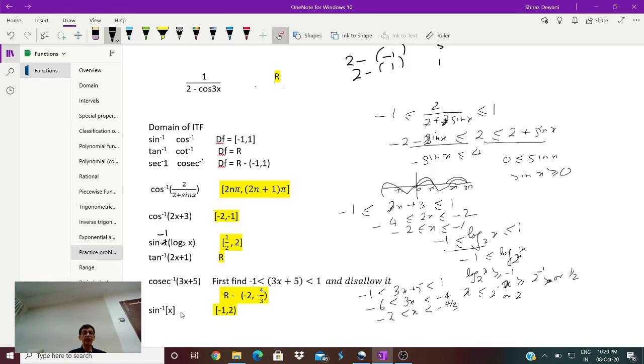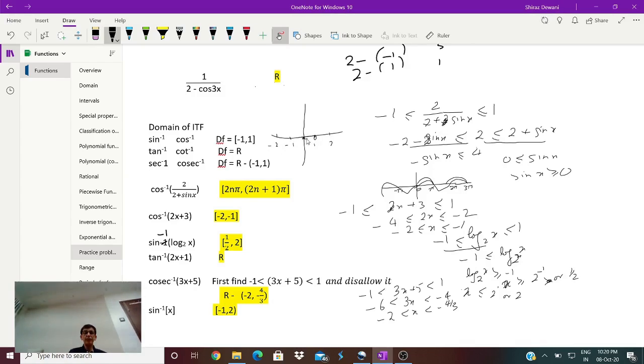And last is when you have a greatest integer function, so sine inverse of the greatest integer function of x. Now you know the graph of the greatest integer function. Now if this is 0, this is 1, this is 2, this is minus 1, minus 2.